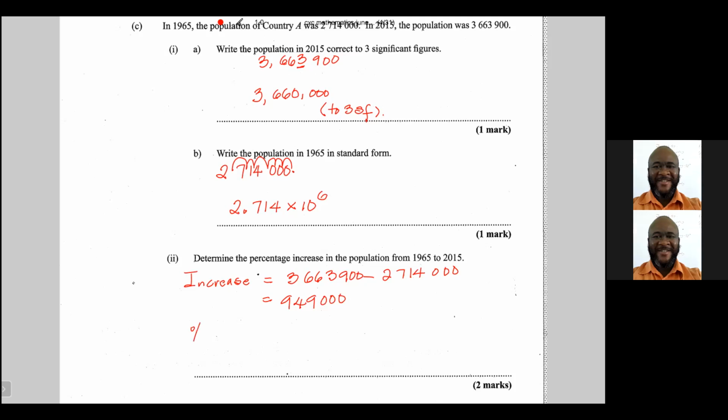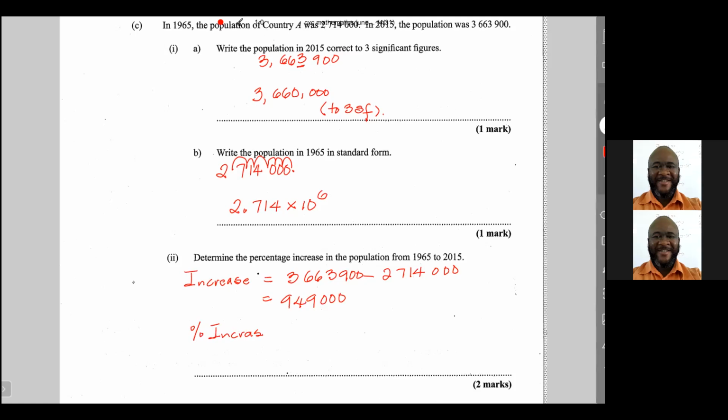So percentage increase would be the increase, which is 949,000, over the original, which is 2,714,000, times 100%.